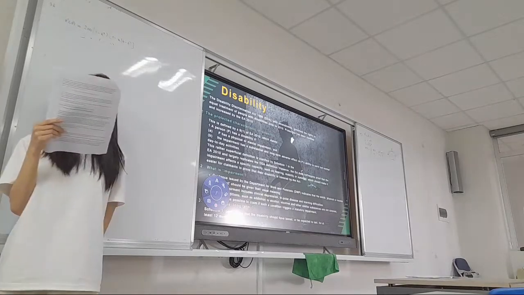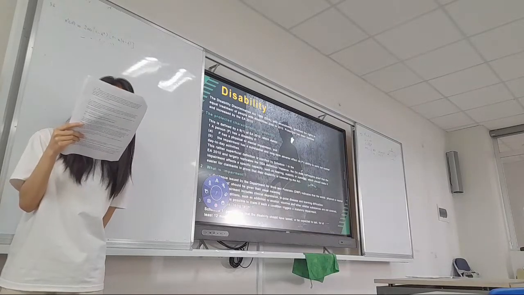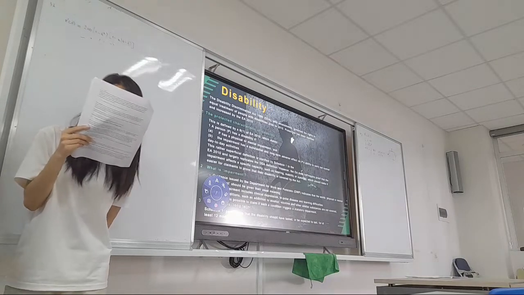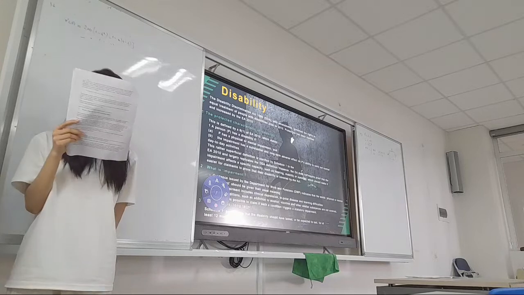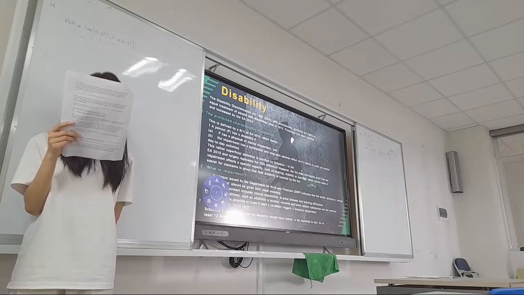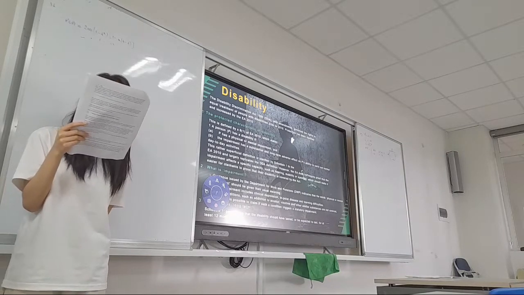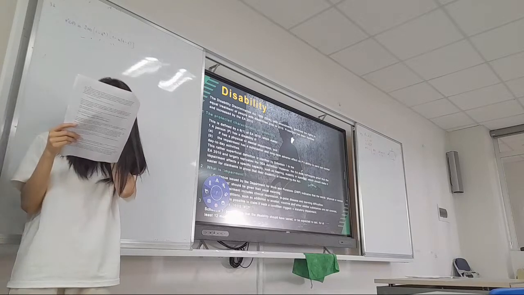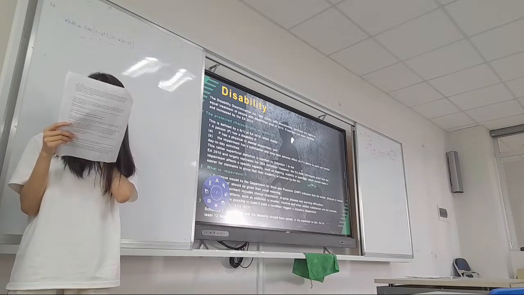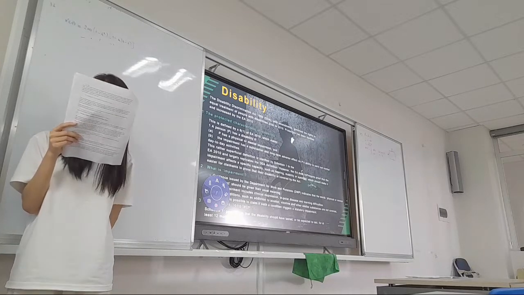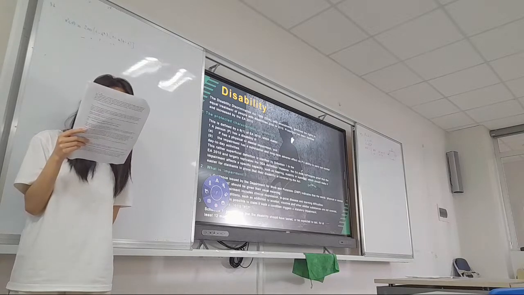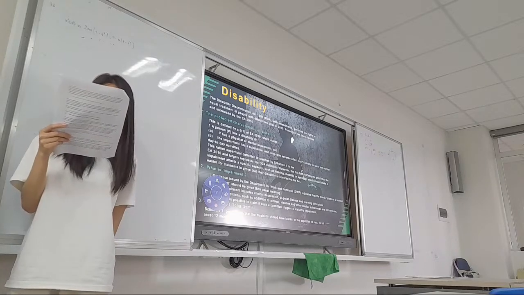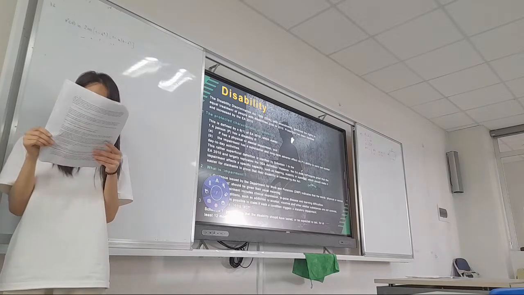Disability. The Disability Discrimination Act gave the right to equal treatment of people with disability prior to 2010. Protection has been clarified and increased by the EA 2010. Number 1, the protected characteristic of disability.